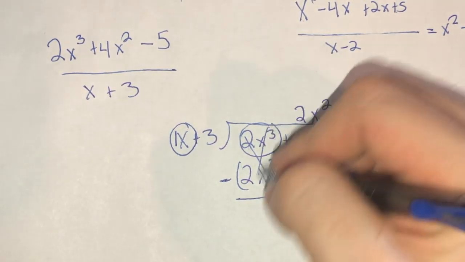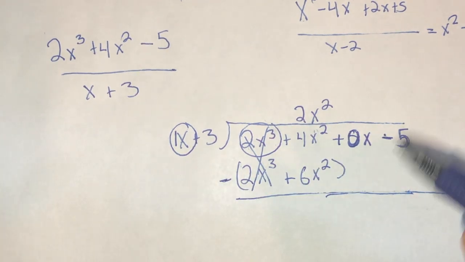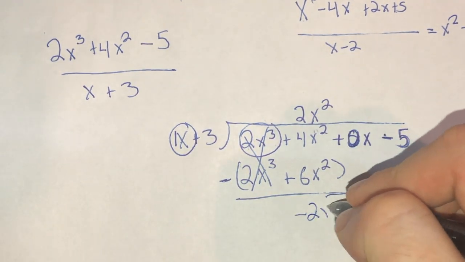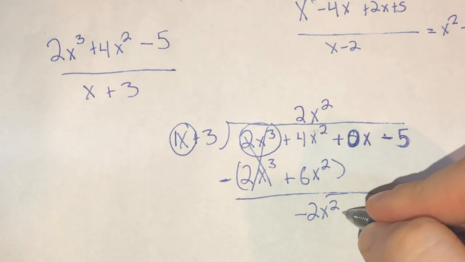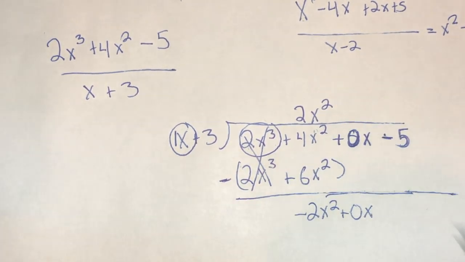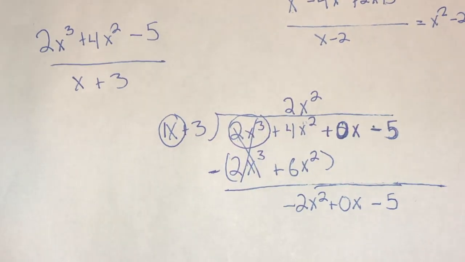These will cancel, and now I've got 4x squared minus 6x squared, that's -2x squared. We'll bring down that 0x, and we'll bring down the -5. Bringing down both is really up to you. We can see we're not going to have to use the -5, but I'm someone who likes to bring everything down. Maybe different teachers will have different approaches there.